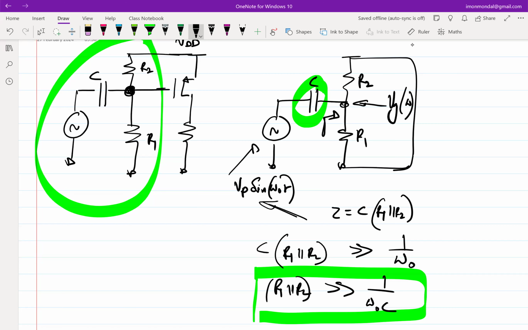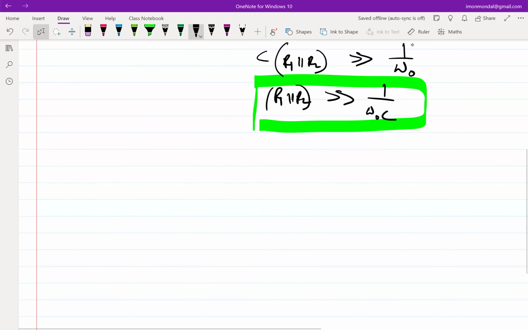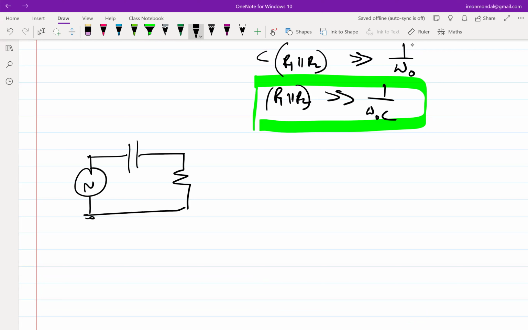Essentially, if this is my effective network, R1 parallel R2, C, with some input Vi at a frequency omega. I would rather say j omega, that's the usual nomenclature.